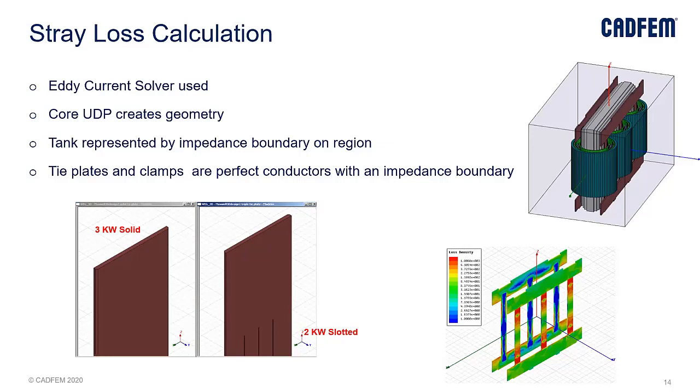The reason simulation is required here is that the user started with a generic solid body, which gave losses of 3 kilowatts. But if they modify it to a slotted structure, the losses reduce to 2 kilowatts. This kind of analysis can be easily performed in simulation, while doing the same setup in a physical prototype would cost a lot.